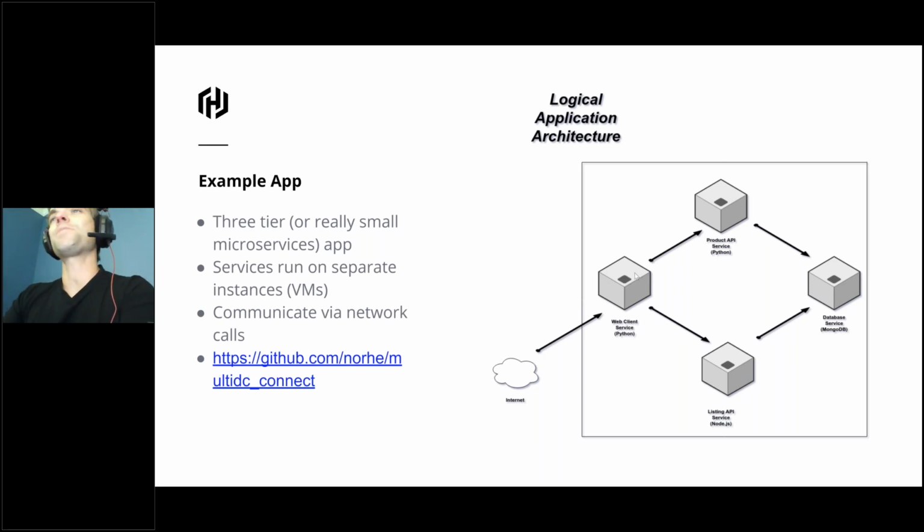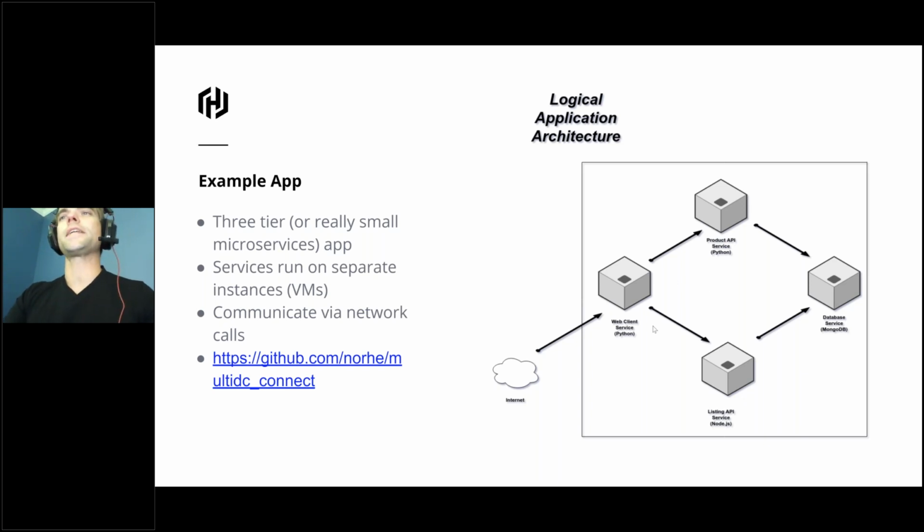So the application architecture is essentially a 3-tiered app, or the world's smallest microservices app, perhaps. We have a web client that is consuming 2 different APIs, and those 2 different APIs are actually retrieving records from a database.